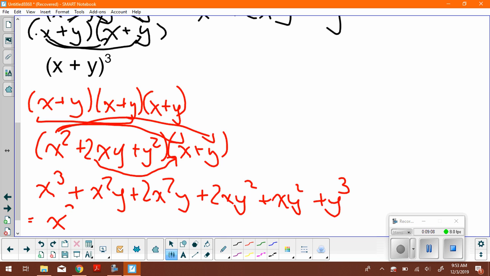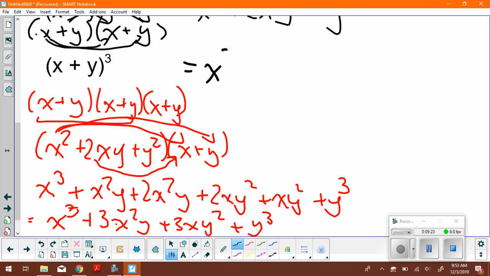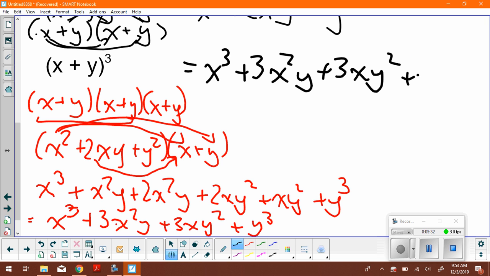So in total, I have x cubed plus 3x squared y plus 3xy squared plus y cubed. Okay, and I'll go put that back up at our summary. So this equals x cubed plus 3x squared y plus 3xy squared plus y cubed.